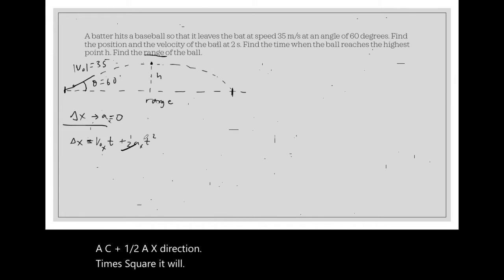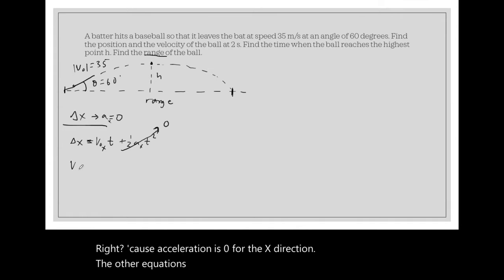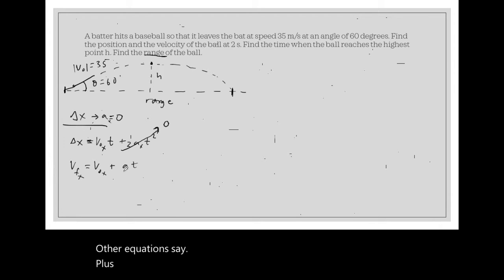Well, all this is 0, because acceleration is 0 for the x direction. What did the other equation say? Well, final velocity for the x direction is the initial velocity in the x direction plus a t.